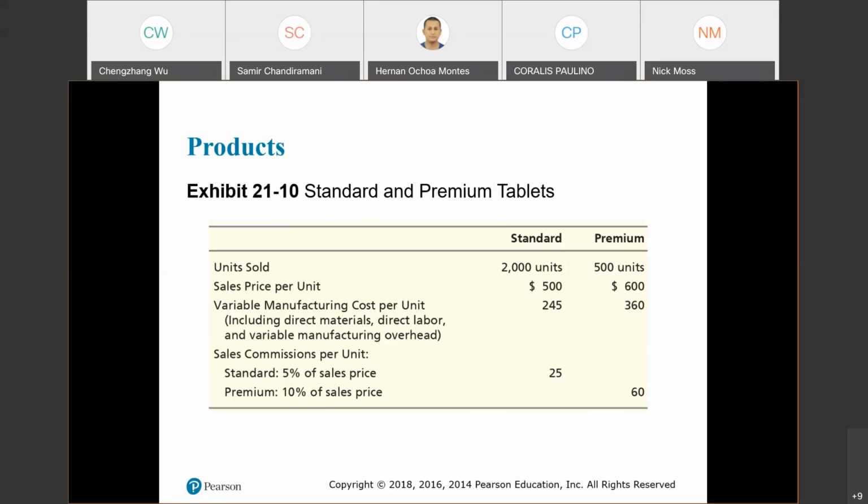For the premium model, 10% of $600 should be $60, $60 as the commissions for the sales representatives. This is the basic information of the two types of tablet computers that Smart Touch Learning is selling.